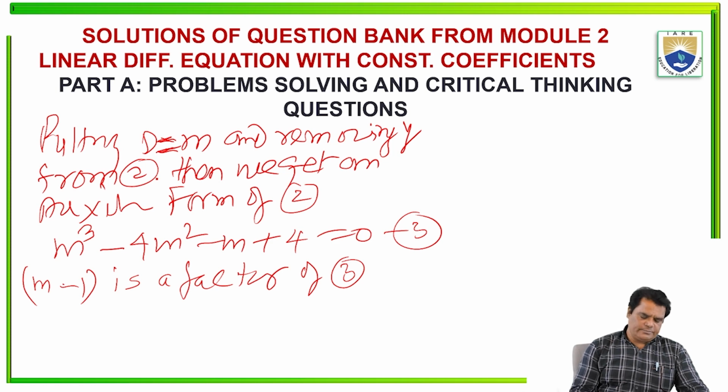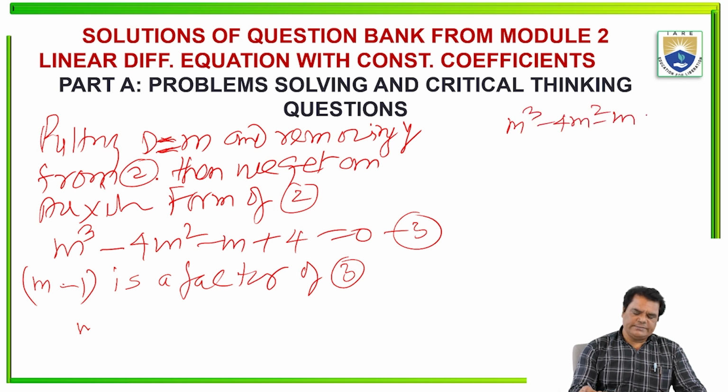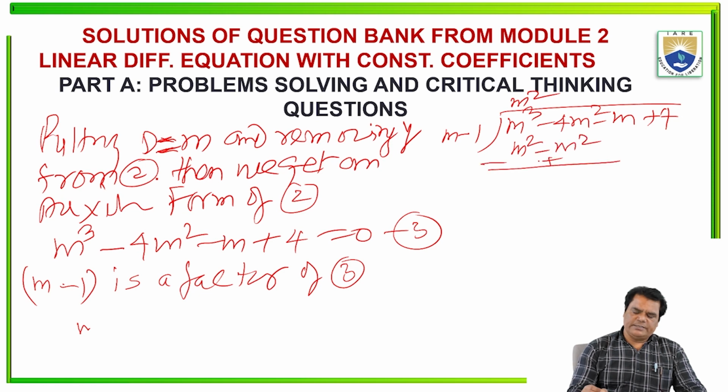Now finding the other factor. Here is m cube minus 4m square minus m plus 4, so divide by this m minus 1. After dividing, we get m square here. M cube minus m square, minus plus, this cancels. Here is minus 3m square and minus m, so here is minus 3m.